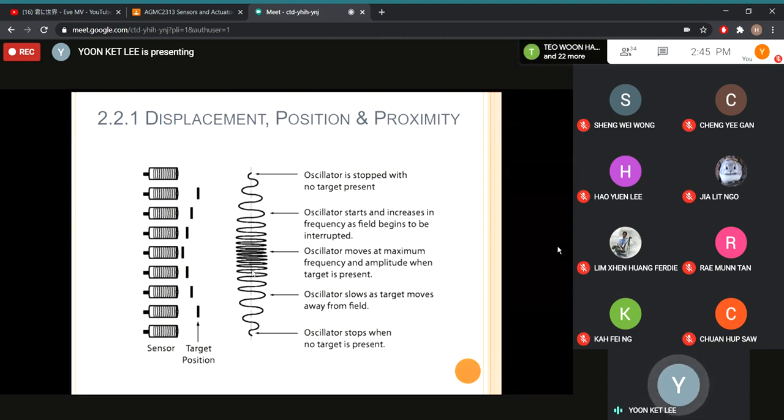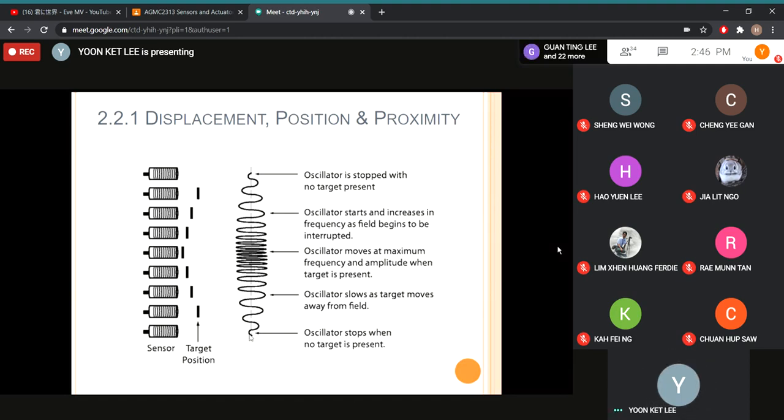Then when they have maximum oscillations, they will send the signal to your microprocessor to tell you something is approaching. Okay, if your distance is too far away, or maybe like this one, then you cannot detect. But if you bring it like this one, the oscillation rate will be higher like this. Okay, after that you cannot detect anymore.